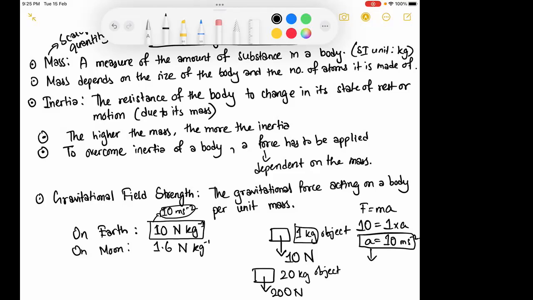To find its acceleration going downwards, 200 Newton equals 20 times a. Oh, it's the same. It will always be the same, actually.